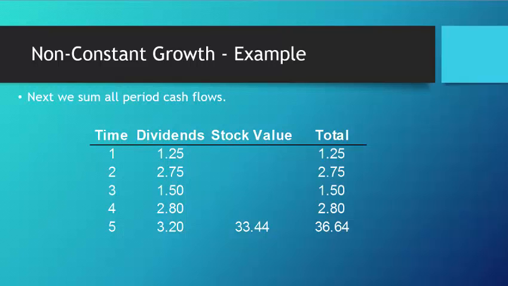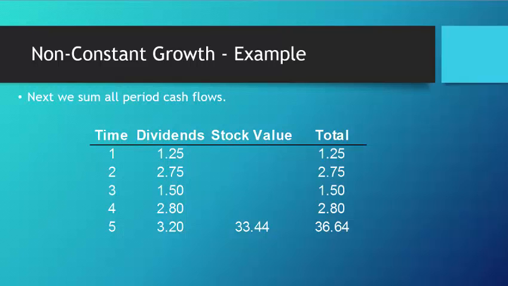Then the 275 plus the stock value, but we're not doing that until time 5, and so on until we get to time 5 when it's $3.20 plus the stock value, which is really the value of all of the other cash flows in time 5. And so we've converted them all essentially. So we get the 320 plus the 33.44, and in time 5 we get a total of $36.64.